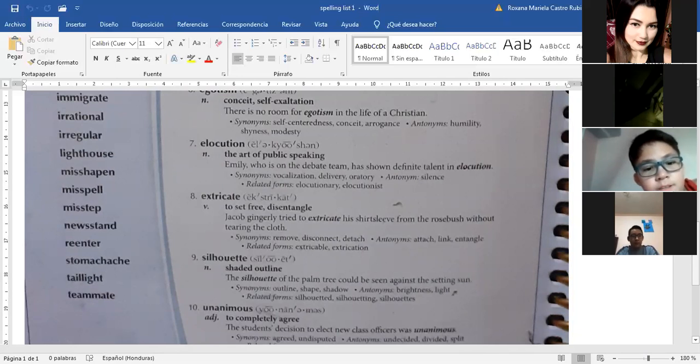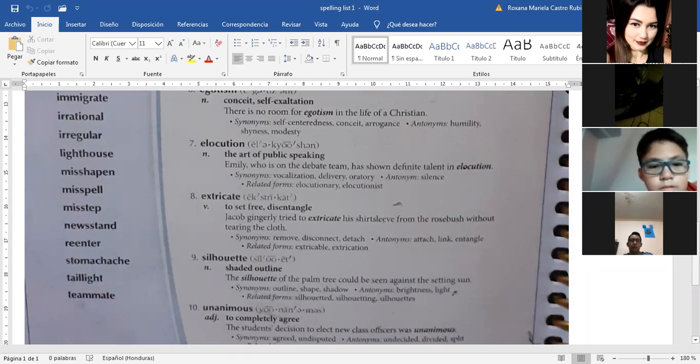Now, Kenneth, silhouette. As you can see, what part of speech is it? Silhouette. Remember, what are the parts of speech? Parts of speech are these: verbs, adverbs, adjectives, nouns, pronouns, conjunctions, interjections, and prepositions. What part of speech is silhouette? Noun. Exactly, it's a noun. And what is a noun?